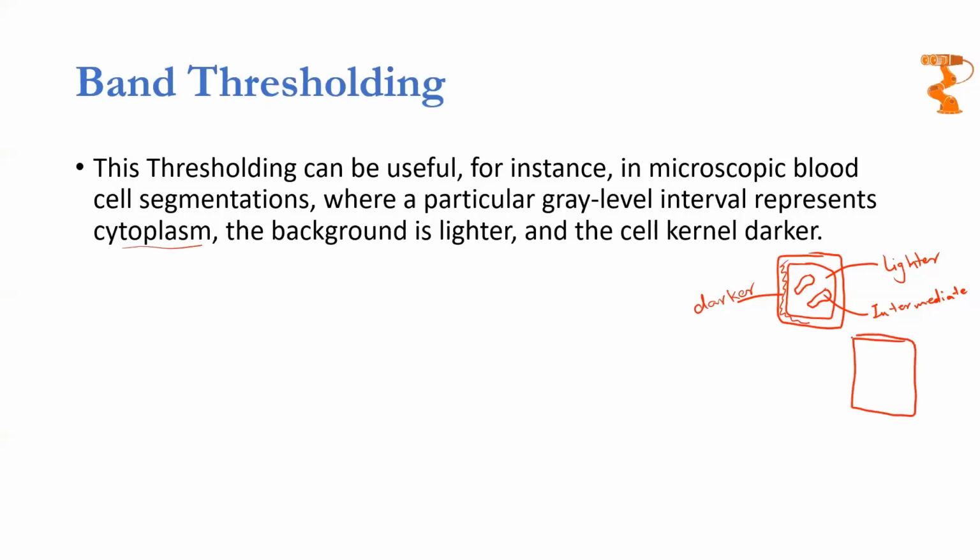We are going to get this. There will be black portion everywhere else, and the cytoplasm will be white. So we are not concerned about where the boundary is, where the background is, or where other things present in this cell are. Now we only know where the cytoplasm is. Okay, so you get the idea.